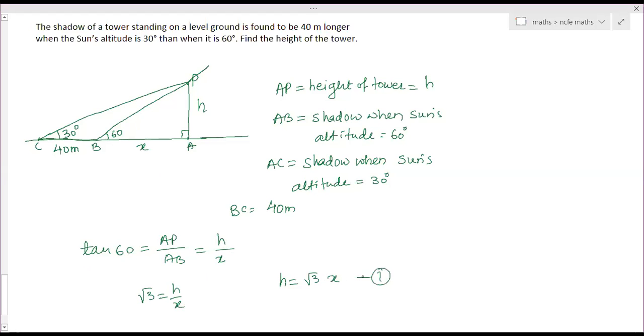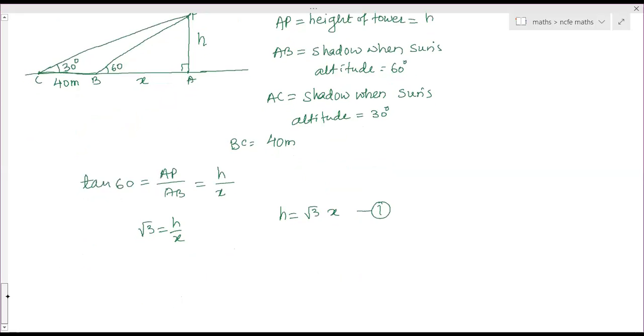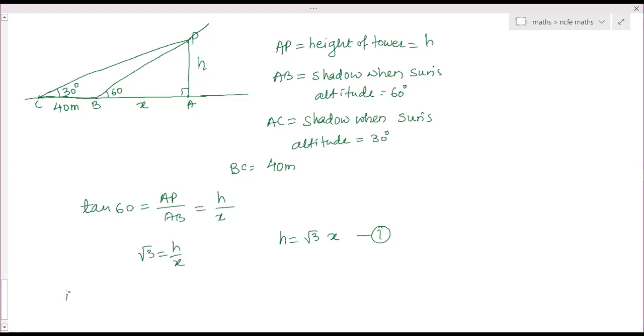Keep this as it is. Now use another triangle, triangle ACP. The first was in triangle ABP. In triangle ACP, which ratio do we consider? We have the angle 30, so again tan 30. Tan 30 is equal to AP by AC.